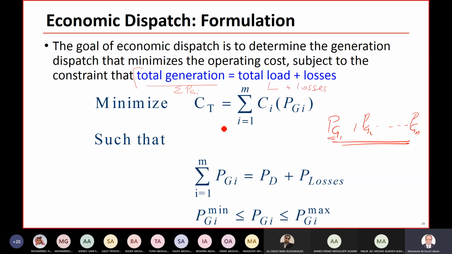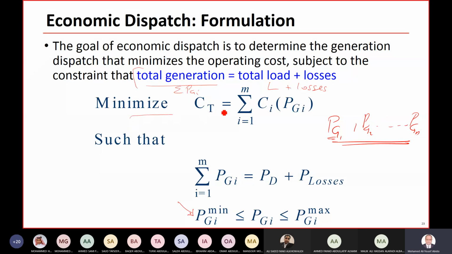Also, you can have other constraints related to the limits of the power output of each generator. So simply, the economic dispatch problem is as such.